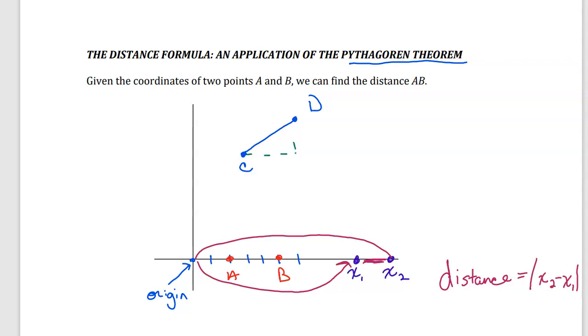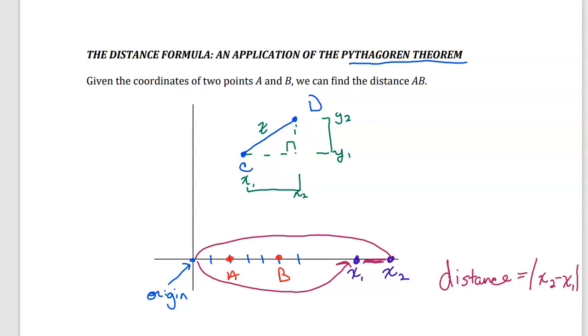What I can do is create a right triangle. And now I have an x1 and an x2, and then I have a y1 and a y2. And I have the differences. So I have this distance and this distance. I'm wanting to find this distance over here.